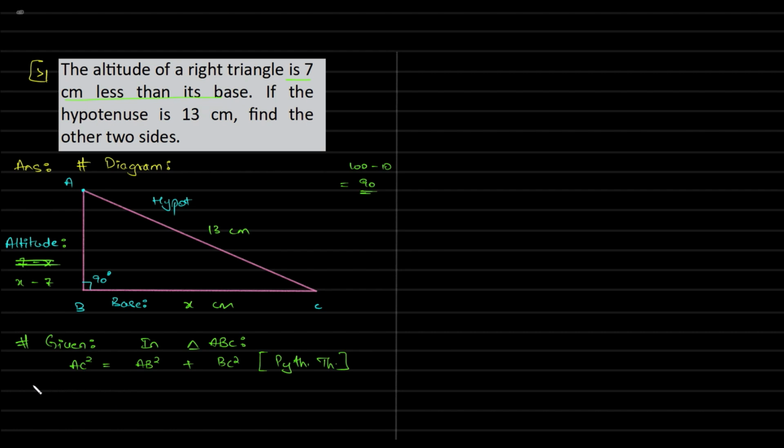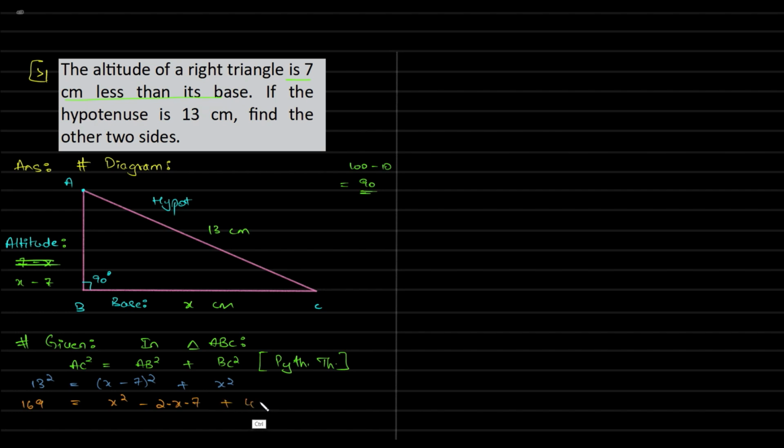So AC is 13 square. AB is x minus 7 the whole square plus BC is x square. Now all you have to do is simplify this. So we have 169 is equal to x minus 7 the whole square, which is x square minus 2 into x into 7 plus 49. 7 square is 49.